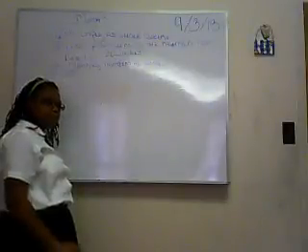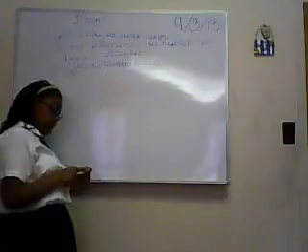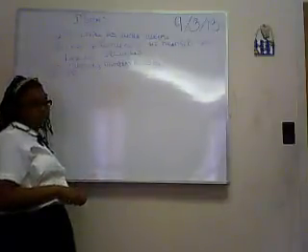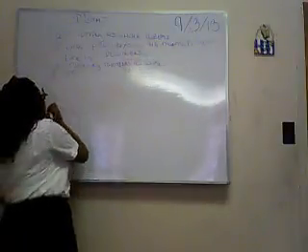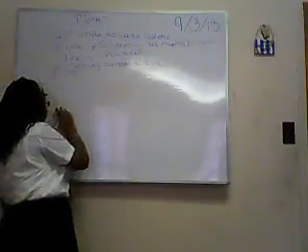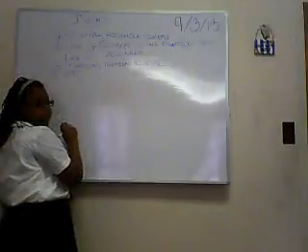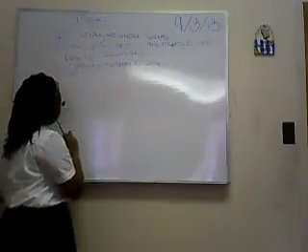If you're adding whole numbers, write this on the board. Write 4,180 plus 71.